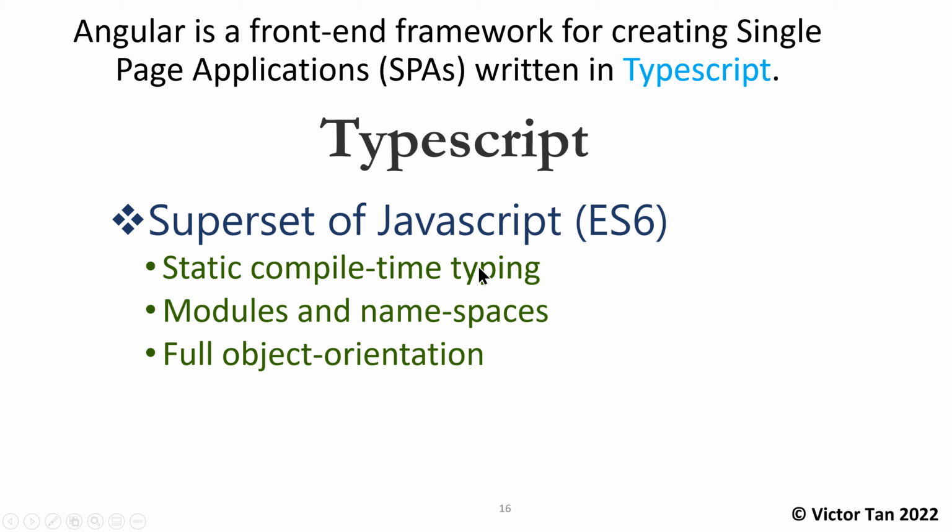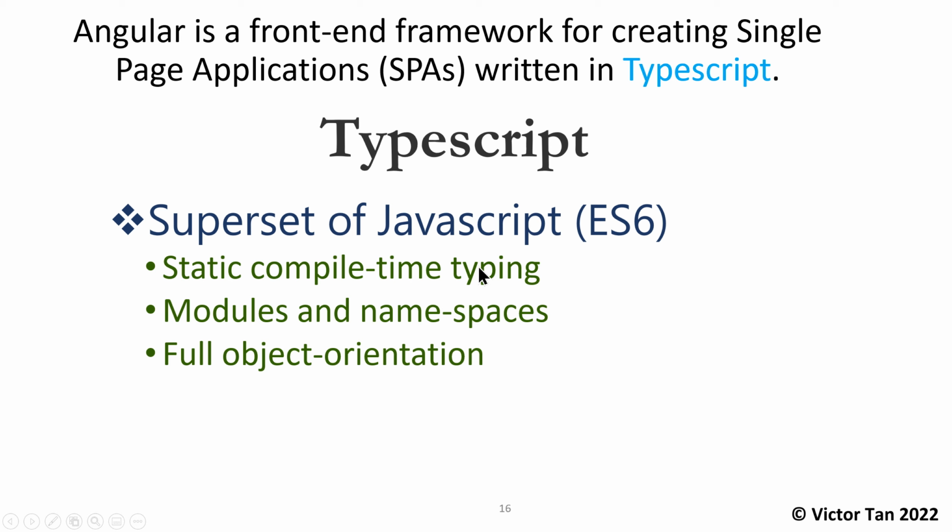Now the original JavaScript is basically dynamically typed. So if you have never worked with JavaScript before, JavaScript basically allows you to dynamically change the type of your variable, which means that 1 minute your variable can be an integer, the next minute your variable can be a string, the next minute your variable can be a boolean. So the type of your variable can just dynamically change anytime you want.